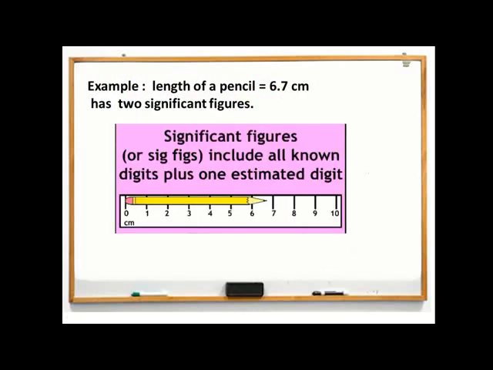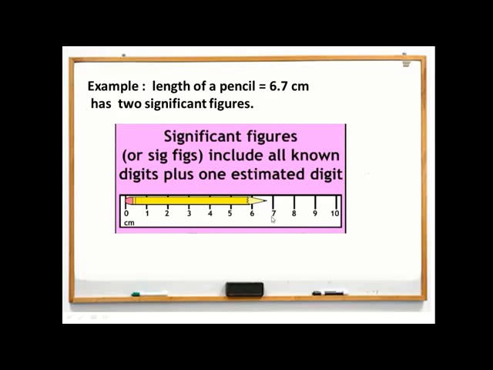Similarly, I will give another example. Suppose I measure the length of a pencil and write it as 6.7 centimeter. The pencil's length, on this particular scale, lies between 6 and 7.